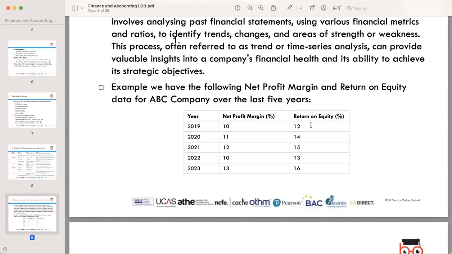It rose from 12% in 2019 to 16% in 2023, indicating an improvement in the company's profitability and efficient utilization of shareholders' investment.